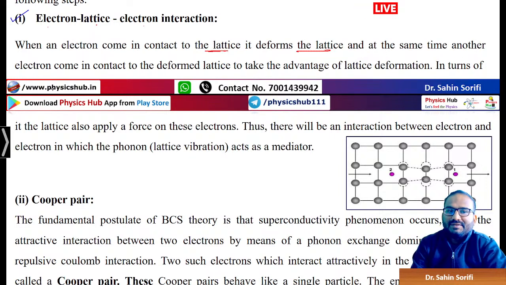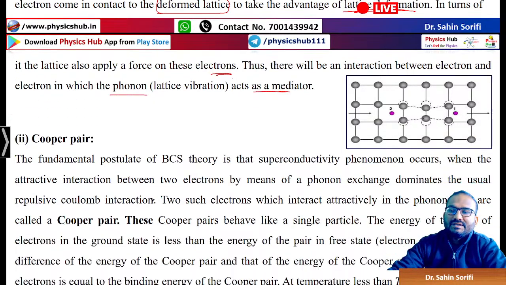At the same time another electron comes in contact with the deformed lattice to take advantage of the lattice deformation, and the lattice also applies a force on this electron. Thus there is an interaction between electron and electron in which the phonon or lattice vibration acts as a mediator.